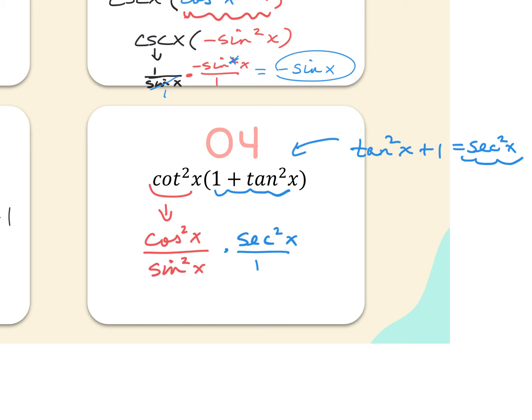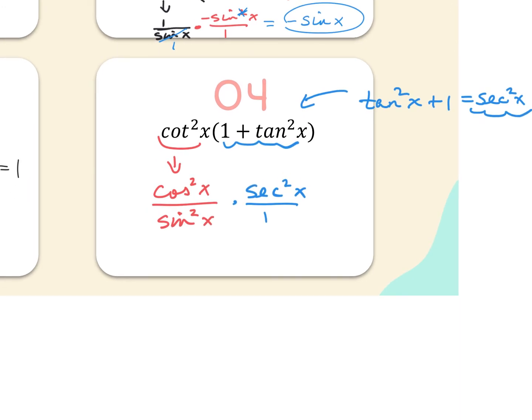So now what I'm going to do, I still don't have anything that's going to cancel. But if you remember that the reciprocal of secant is cosine, I can now change secant into 1 over cosine, and then I can get something diagonal to cancel. So let's leave the red one alone. And then we're going to flip this one to its reciprocal.